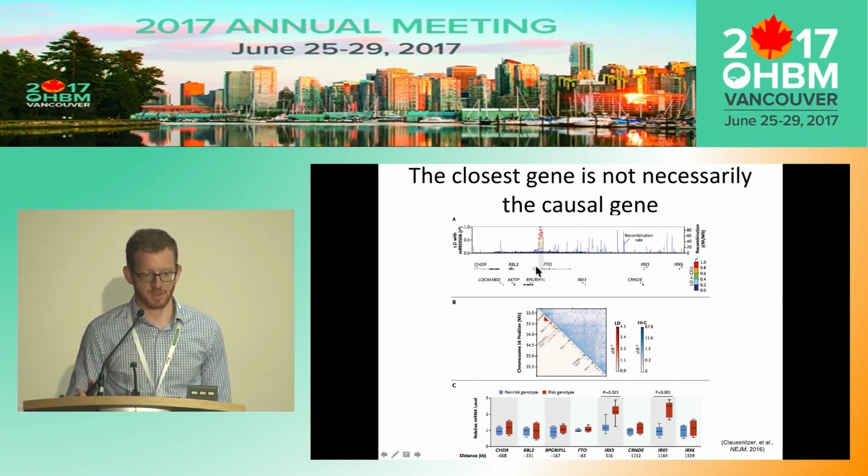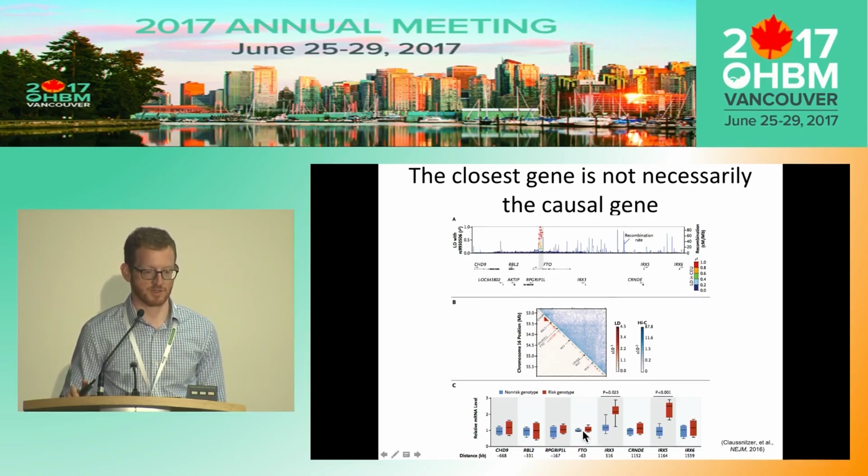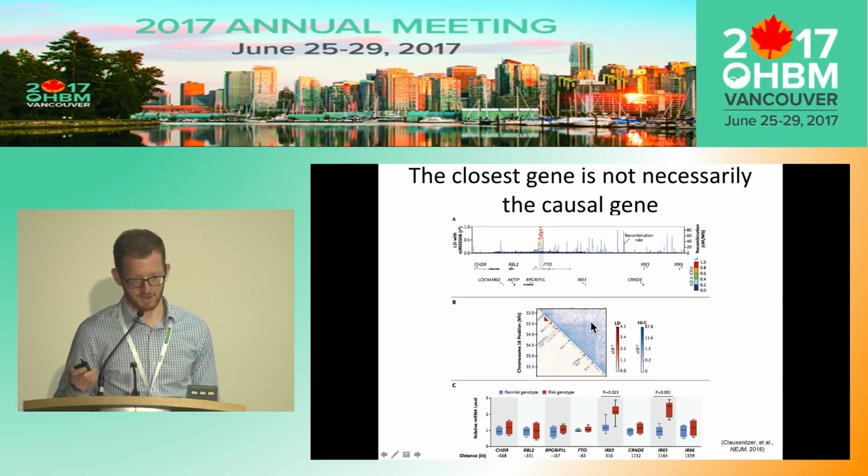But it turns out that using both chromatin interaction and eQTL studies, genetic variation in this locus is not actually associated with differences in FTO gene expression. It's associated with expression of IRX3 and IRX5, which are genes downstream. So this is an interesting example to make sure that you don't necessarily just pick the closest gene.